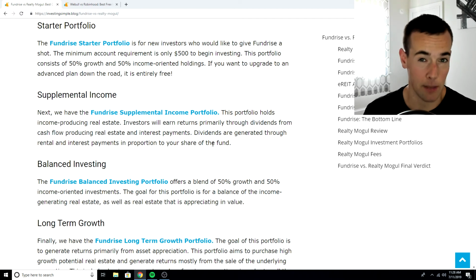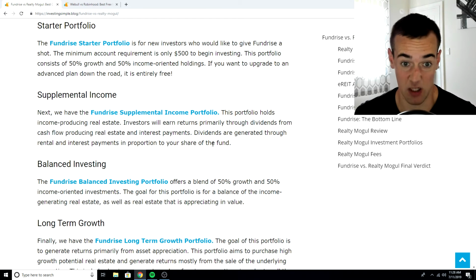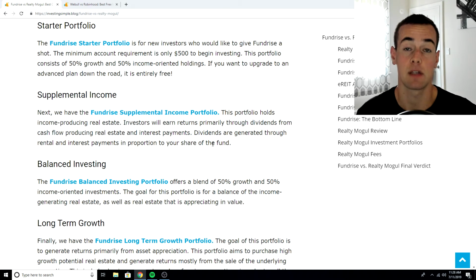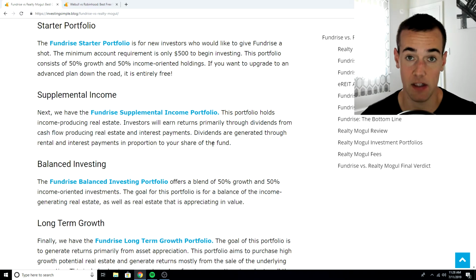portfolio. The supplemental income portfolio, on the other hand, is pretty much self-explanatory. It mostly holds income-producing real estate, and this is for investors who are prioritizing cash flow and would rather have more dividend income and less growth potential. The balanced investing plan is a mixture of both growth and income.